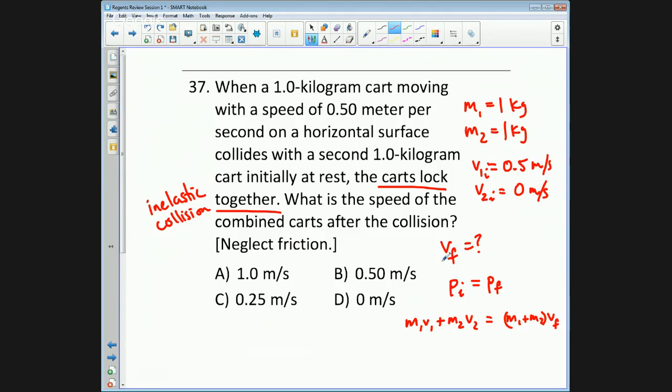So m1 times v1, which is 0.5, plus m2 times v2, 1 times 0 is 0, equals m1 plus m2, which is 2, times v final. So we have 0.5 equals 2 vf, and we have a final speed of 0.25 meters per second when you divide that in your calculator. So the answer is C.